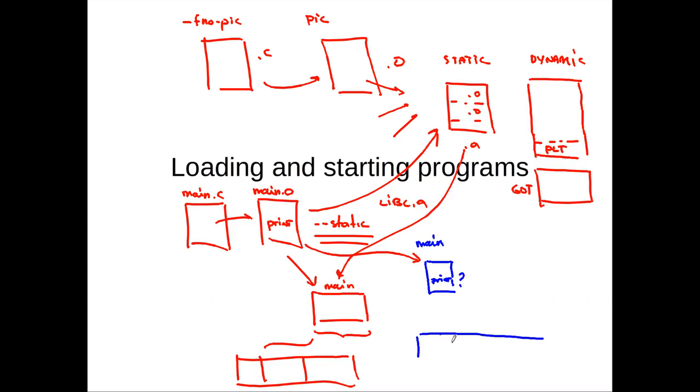So you first load the linker. The linker loads both this main and these shared libraries in here, right? And then patches the GOT of this main program to essentially point correctly to printf, right?